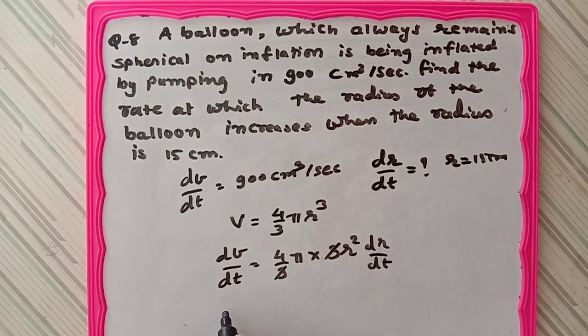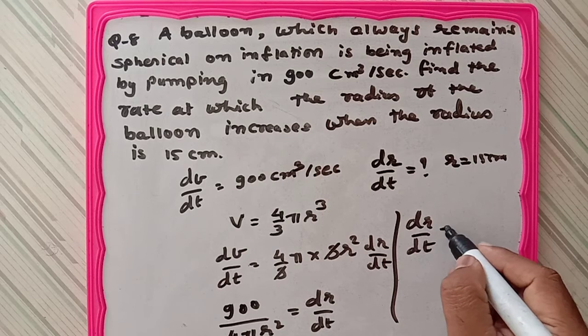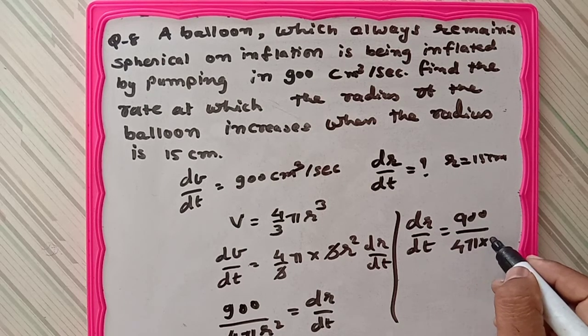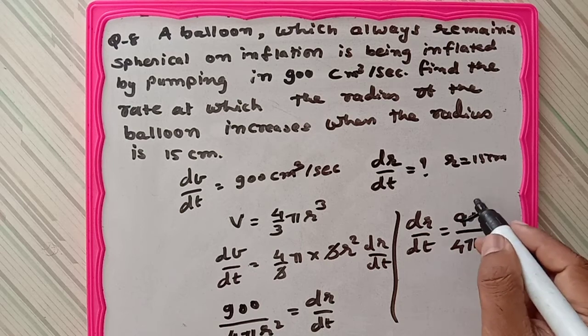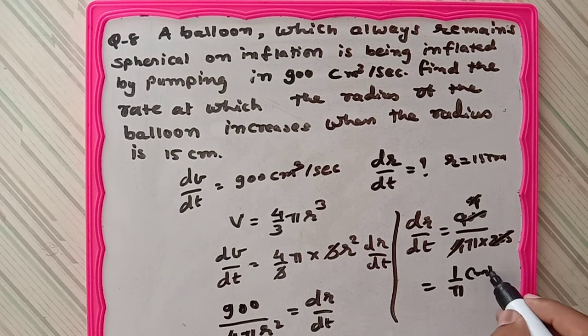And so dr/dt equals 900 upon 4 pi into 15 squared, which is 225. So 225 fours are 900, and 4 cancels, so it is 1/(pi) ... 1 by 5 pi centimeter per second.